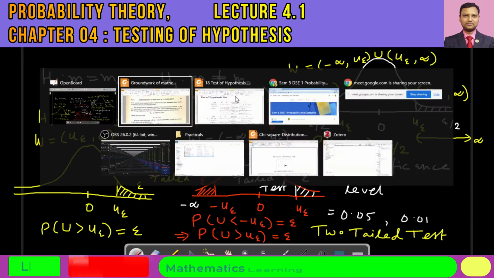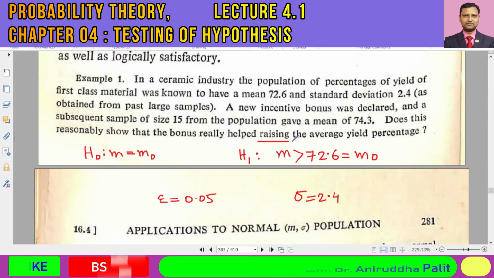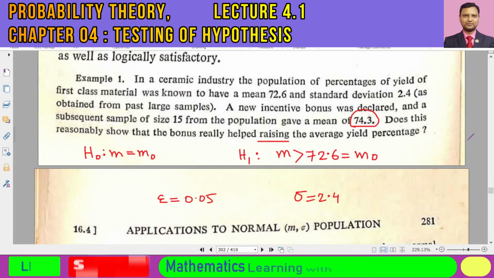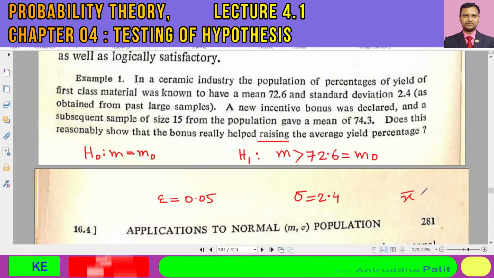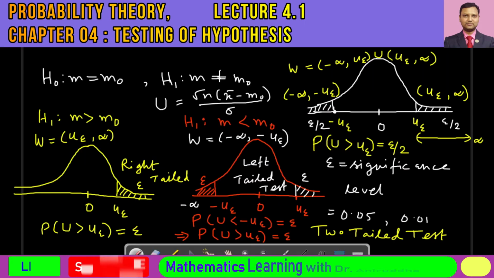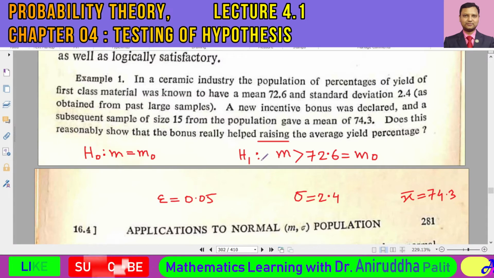And x bar, what is this x bar? The sample mean of this population is equal to this x bar, that is 74.3. All right, and with this much information, what is m0? I have already told you that this m0 is equal to 72.6.